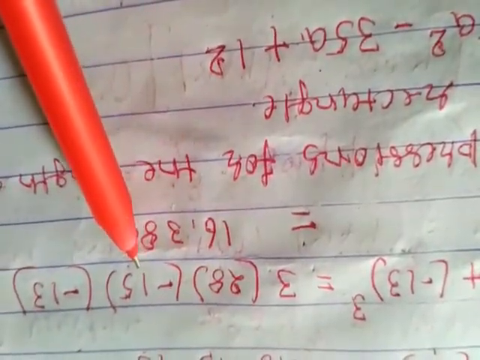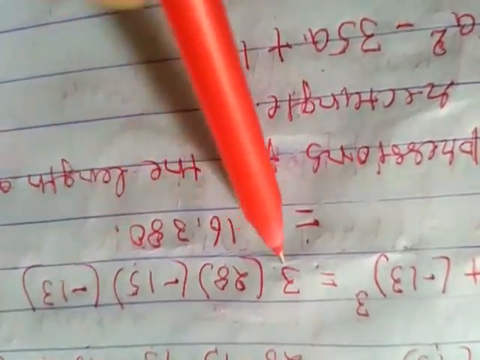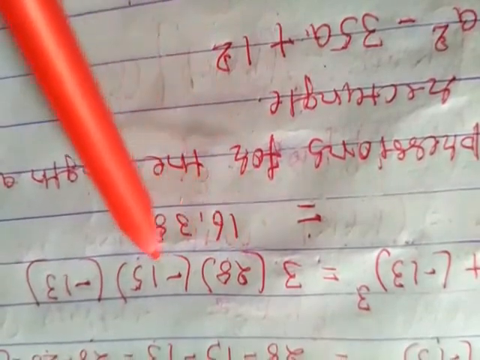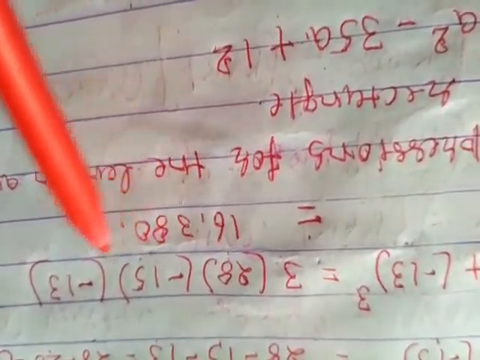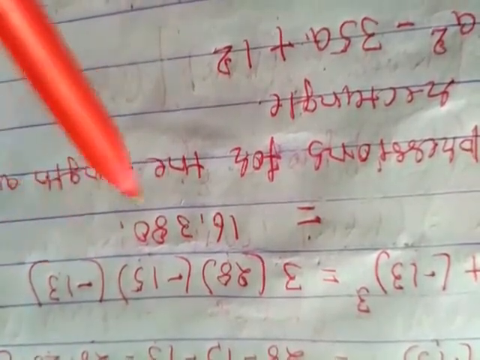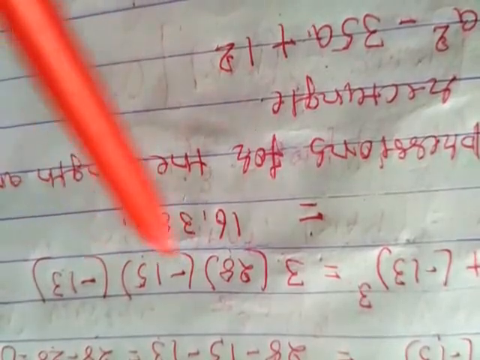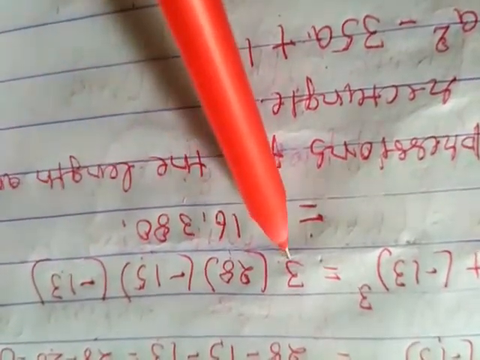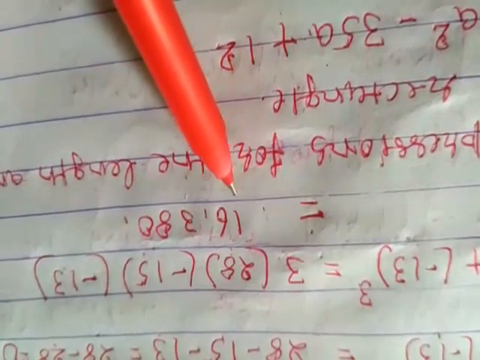When you multiply it all together, 3 into 28 into minus 15 into minus 13, the minus minus sign will become plus, and you get 16,380. So this is the required value.